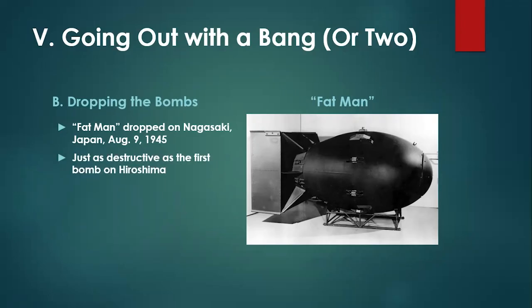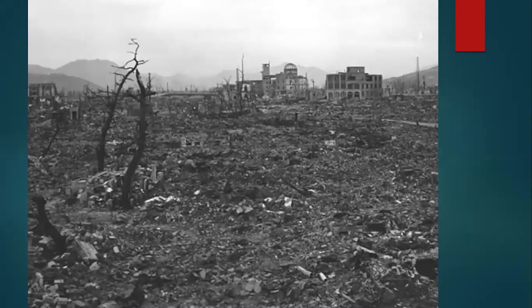This bomb was just as destructive as the one dropped on Hiroshima. And at this point, Japan was so devastated after having 2 cities completely cleared out and tens of thousands of citizens killed, the majority of whom were civilians. They came out and said, please, no more. We surrender.